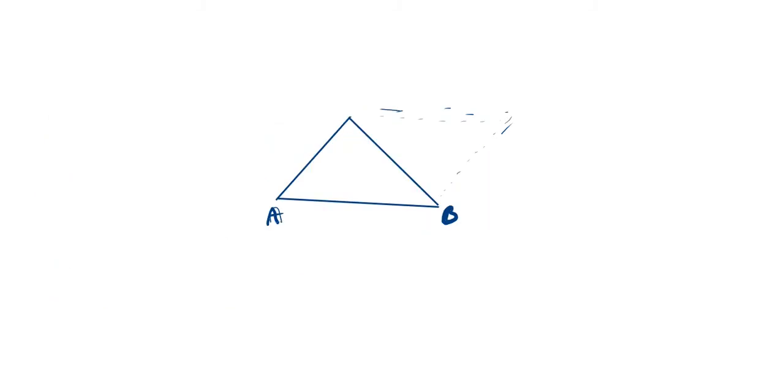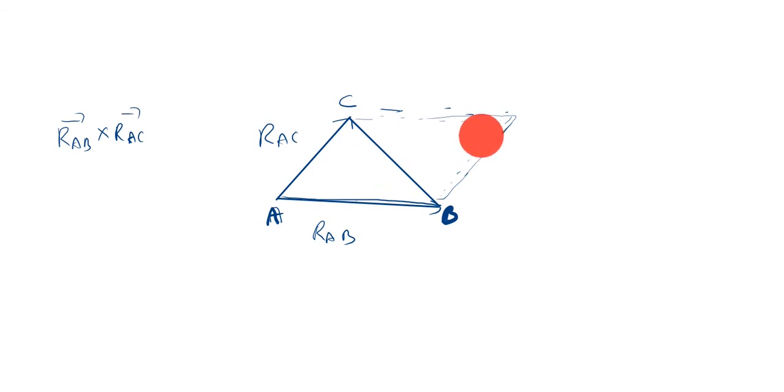We'll discuss the case of a triangle. For example, there is a triangle with the vertices A, B, C. We can define a vector called RAB, which is from A to B, and we can define another vector which is RAC, which is from A to C. Now, as we said, RAB cross RAC will give what? The area of this parallelogram. So it will give the entire parallelogram's area, but we want only half of that.